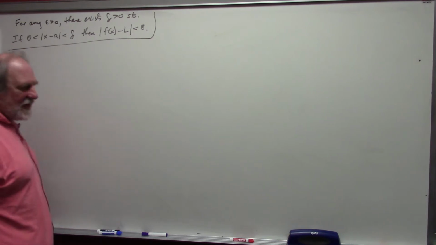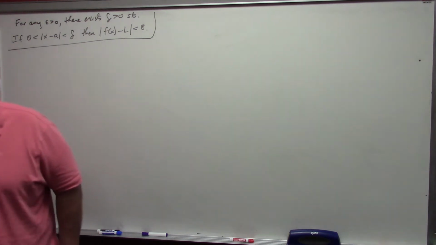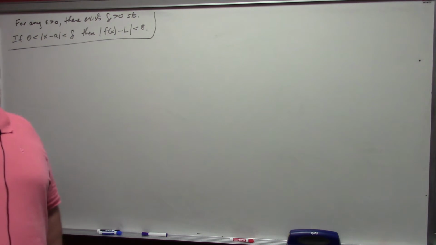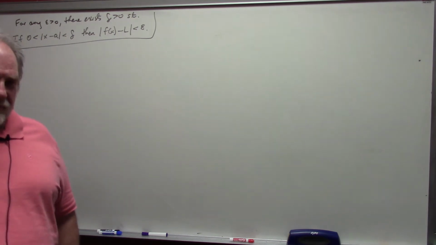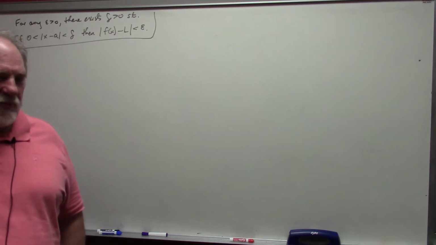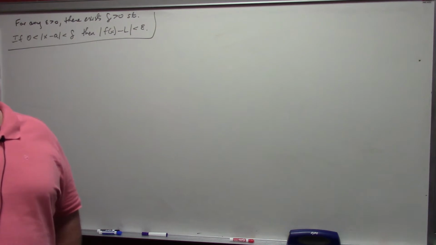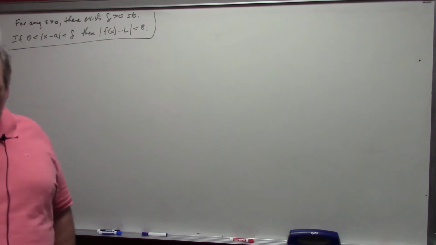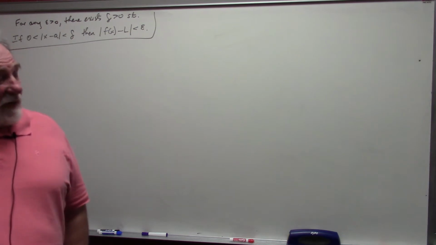First off, let me say that in general, in mathematics, definitions are made to be definitions, and they're difficult to use as tools to prove things. What I mean by that is definitions are very precise and exact, and they're made that way specifically because we have to have things that are precise and exact for mathematics.